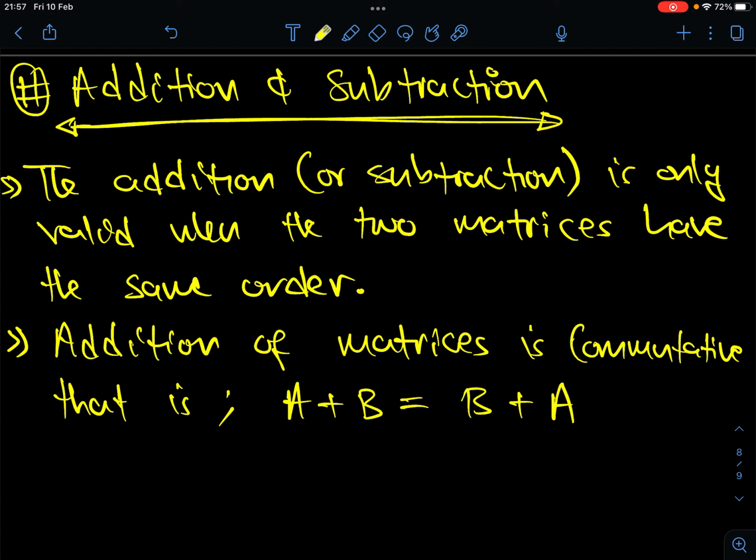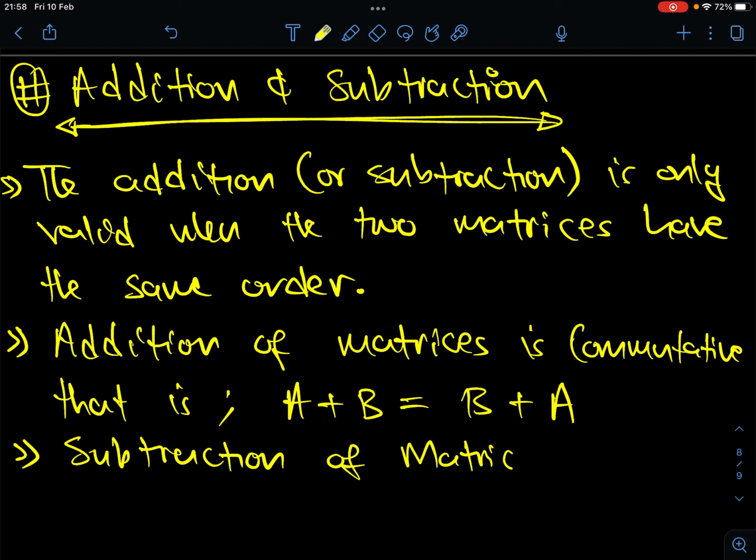You can put the other one first, you can shift the order, it doesn't affect the outcome. But the subtraction of matrices is not commutative.